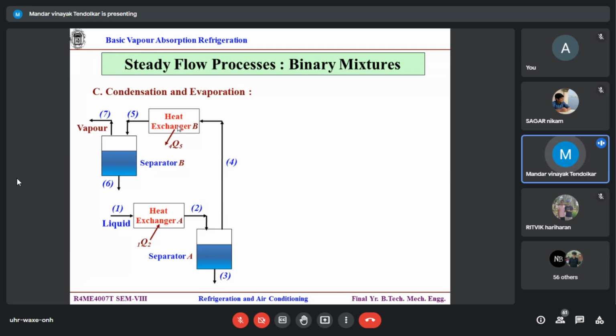That number of stages depends on the quality of the purity. If you want 99% pure liquid, maybe 10 stages. If you want 99.99% purity, maybe 20 stages. Because you are separating the two components.